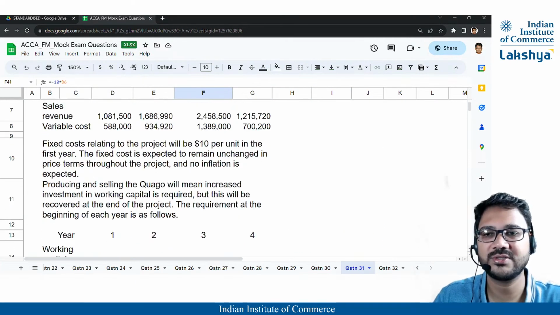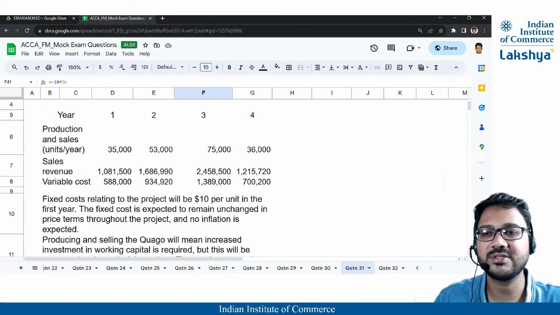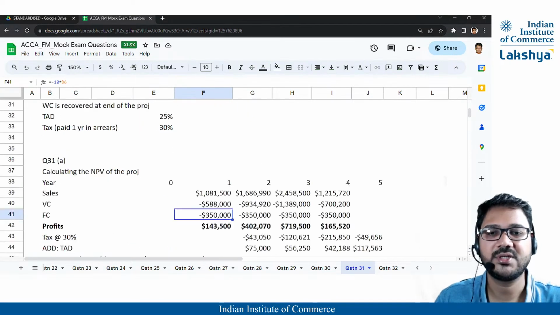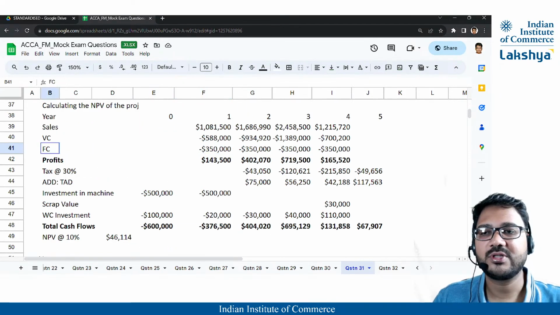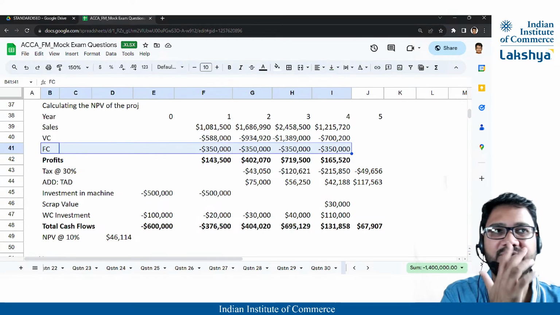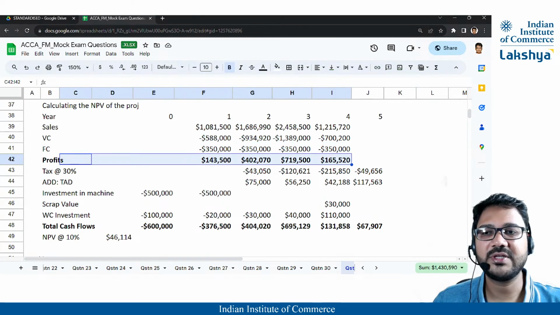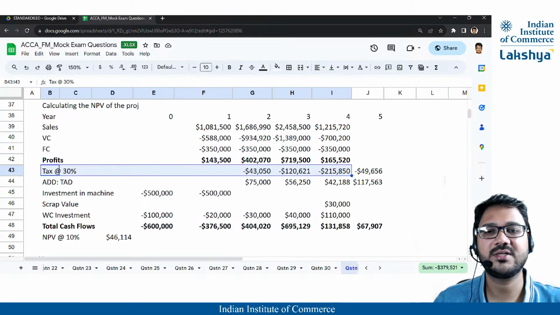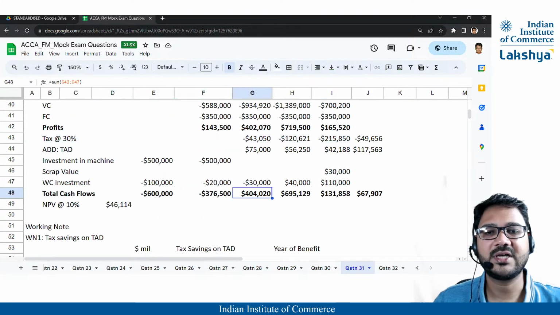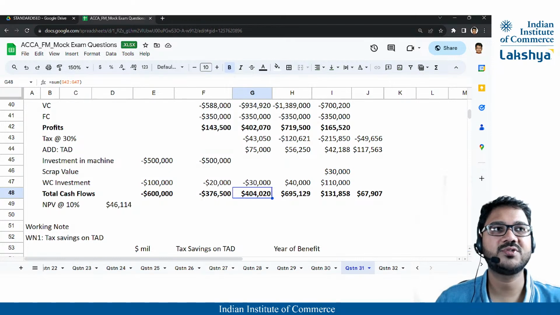So that's one common mistake that the student would immediately make, like how we did earlier, and change the fixed cost also accordingly. However, they said explicitly it's to remain the same. We missed that out. We thought that it is only $10 fixed, but it will remain the same throughout, in price terms. So the fixed cost is $350,000. So these quantities were given just to confuse us. Okay, so the fixed cost will be $350,000 only. And then we have our profits available, our taxes are in place, and then this is how our total cash flows will be. Okay.